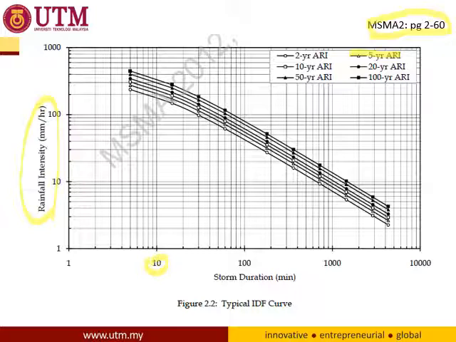So you look at the 5-year line, the second one. You can then estimate the rainfall intensity for this 5-year return period and storm duration of 10 minutes. That is how you use your IDF curve to get the design rainfall intensity.